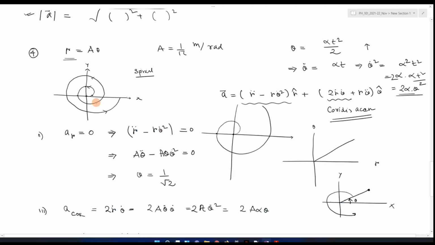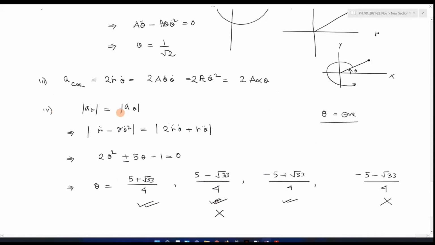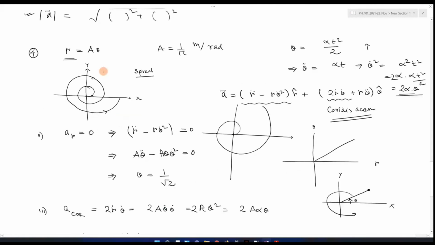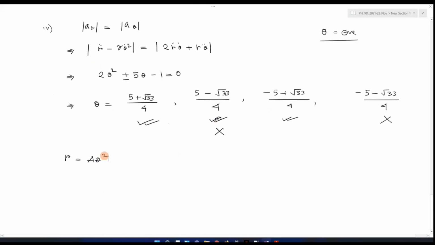You just have to visualize it. You don't have to worry about the exact scaling, and you will not be asked to draw these. You have to visualize how these equations behave. If you have r equal to a theta and r equal to a theta square, you can see that r increases faster in the second equation.